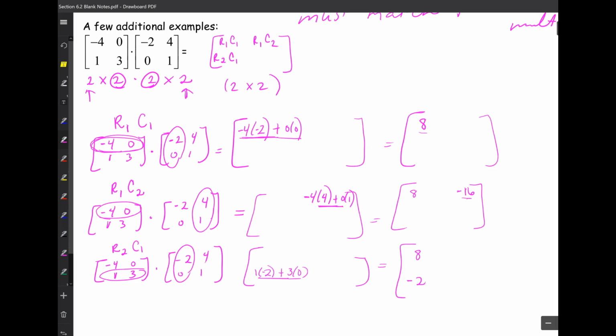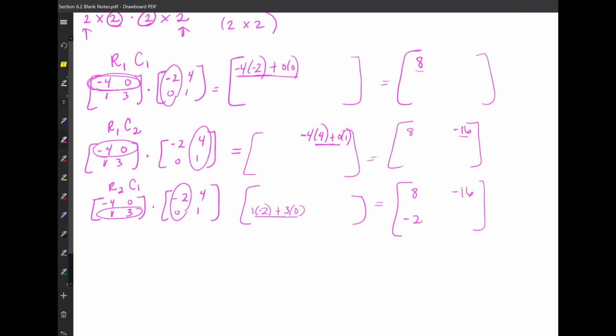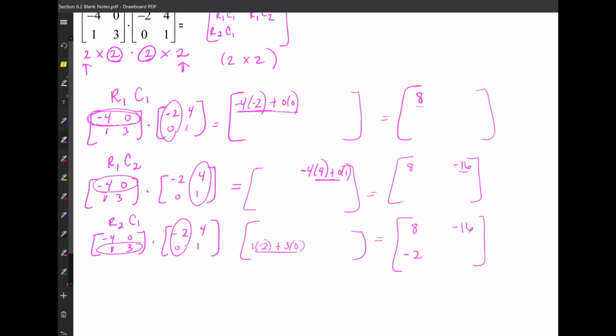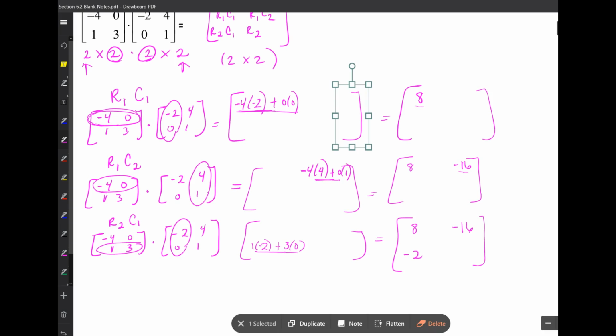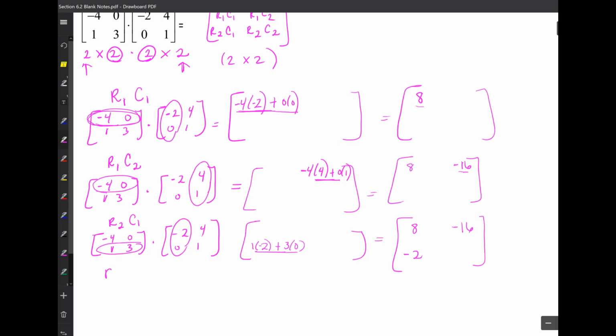So we're almost done. We have a result of 8, -16 in the first row, and then a -2 in the second row. And then last but not least, we need to find the element that would exist in row 2, column 2. I'm going to rewrite the problem just for this example, and take row 2 of the first matrix and multiply it by the corresponding elements of column 2 of the second matrix.